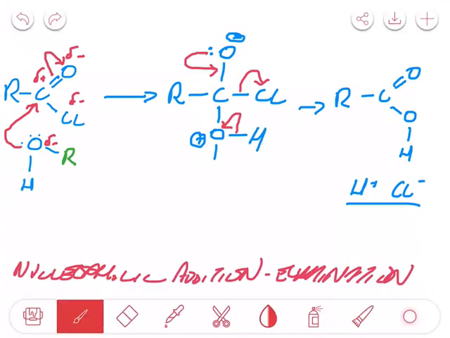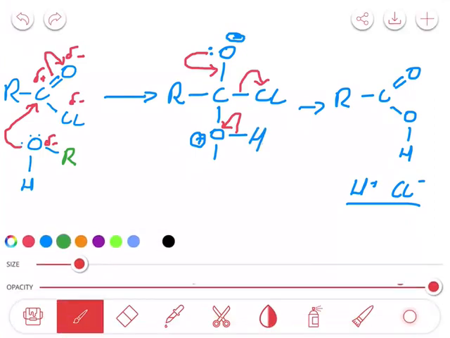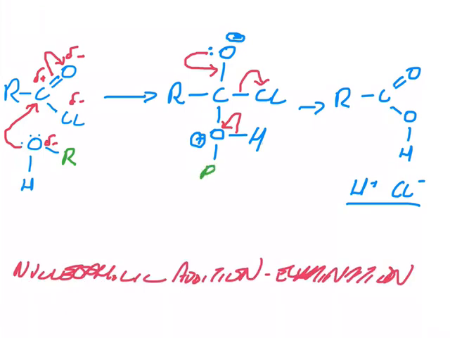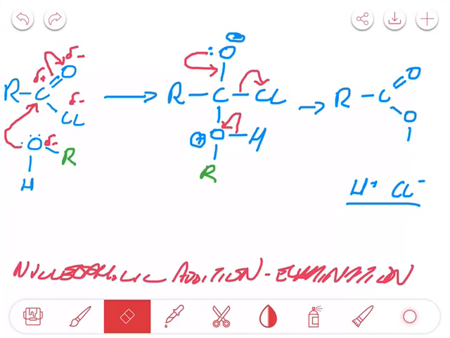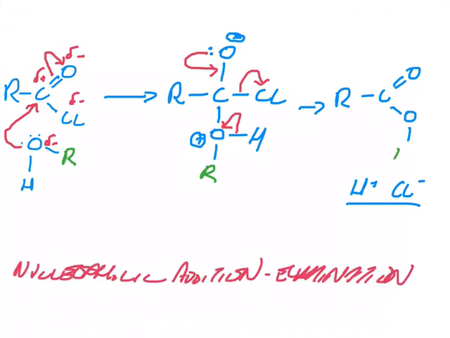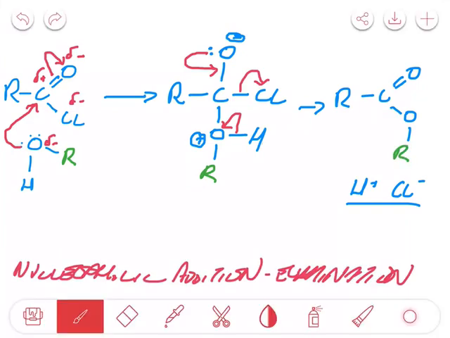So let's put that hydrogen back, and we'll make this one the R group, so that when we go over to here, we've got the correct hydrogen coming off. I've got my R group there. And I hope you can see that what I've made now is my ester and hydrogen chloride, because I've now used an alcohol instead of water.